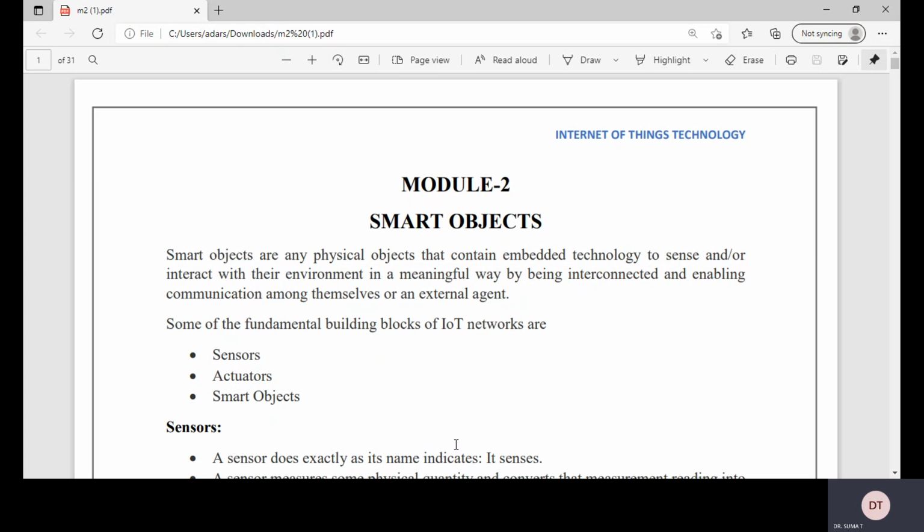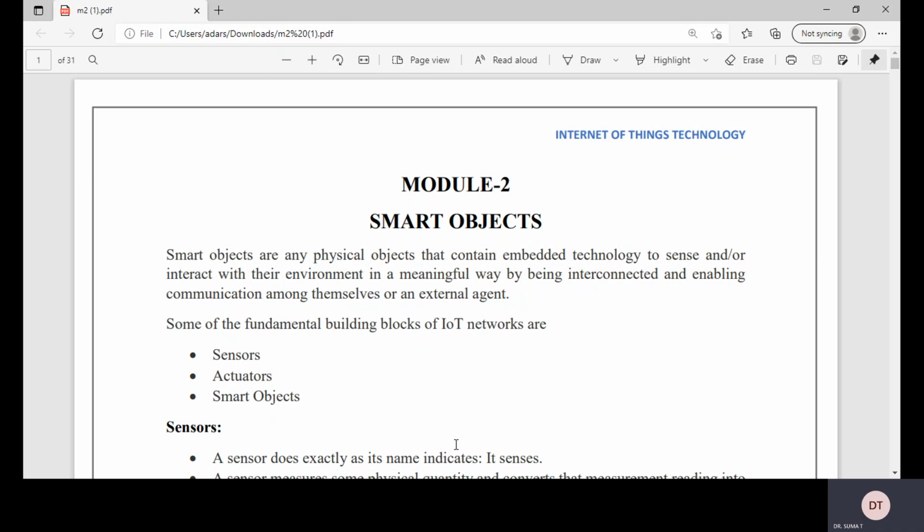So this module 2 sub-chapter is going to provide a detailed analysis of smart objects and their architecture. It also provides an understanding of their design limitations and role within IoT networks. Specifically, some of the fundamental building blocks of IoT networks are sensors, actuators, and smart objects.